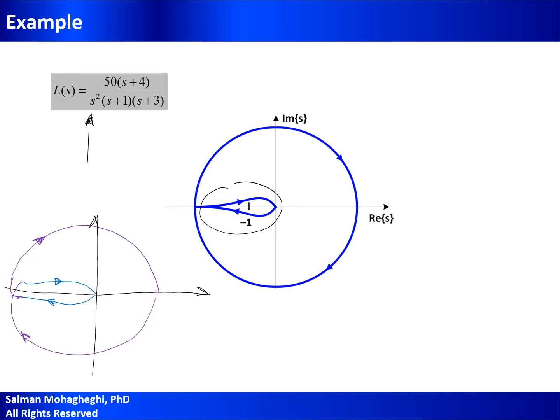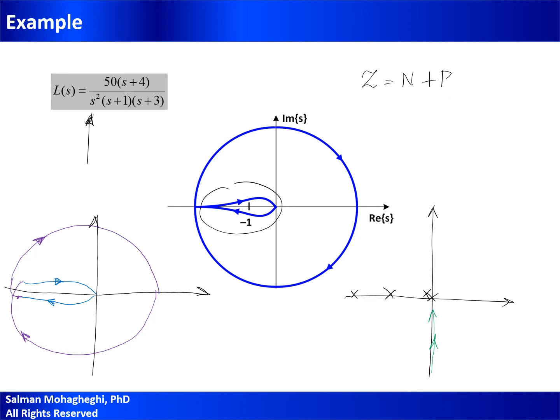Now let's do the analysis for this one. So z equals n plus p. Again, you see here that despite the fact that I have 2 poles at the origin, because I have skipped those, essentially if you look at the poles, I have 2 open loop poles at the origin, 1 at -1, 1 at -3, but what I did was I moved around them.